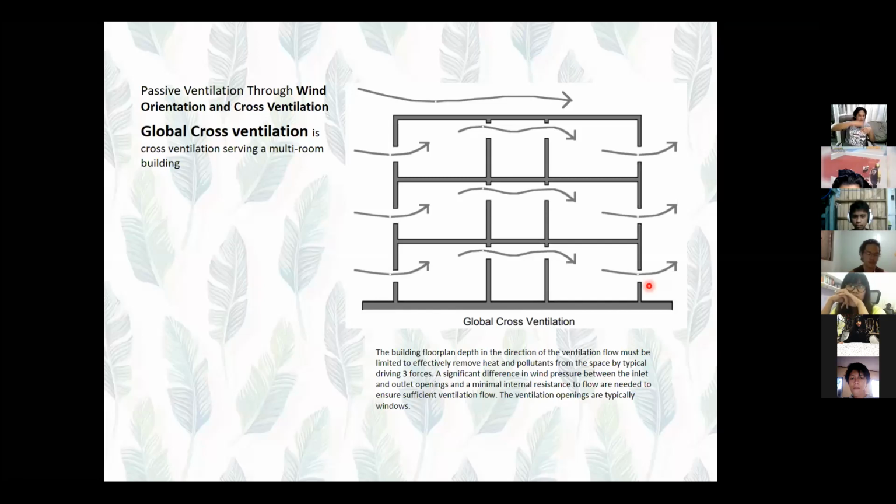Usually, for example, the ceiling is slanted. Wait, there's a pen here.